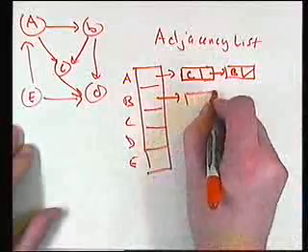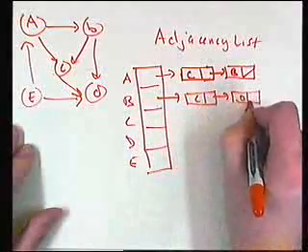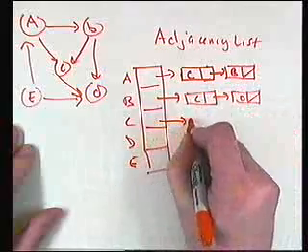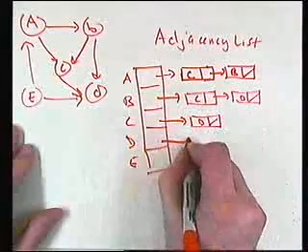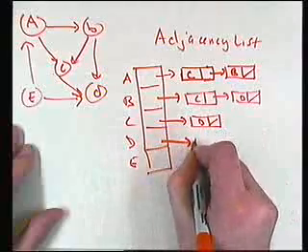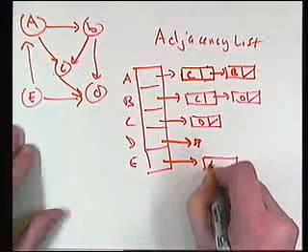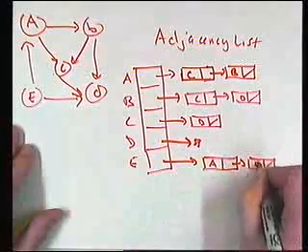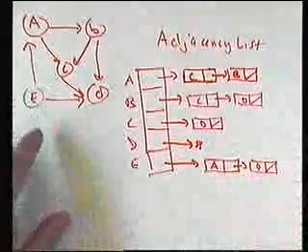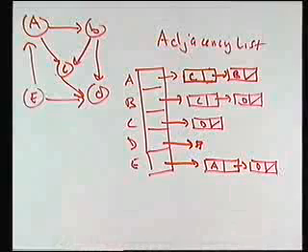B has C and D as neighbors. C has D as a neighbor. D has nothing as a neighbor. And E has A and D as neighbors. And you can see in this graph here I've got 7 edges, and indeed I have 7 nodes total in the nodes of the adjacency list.